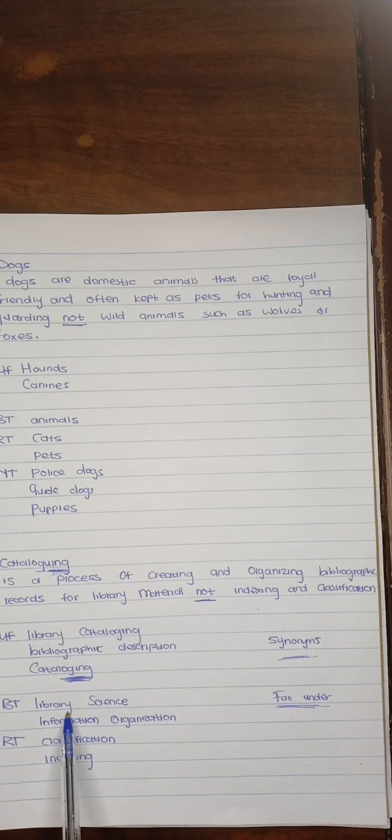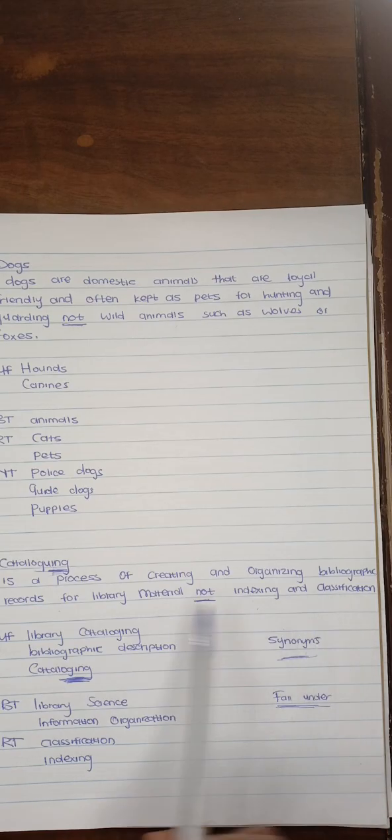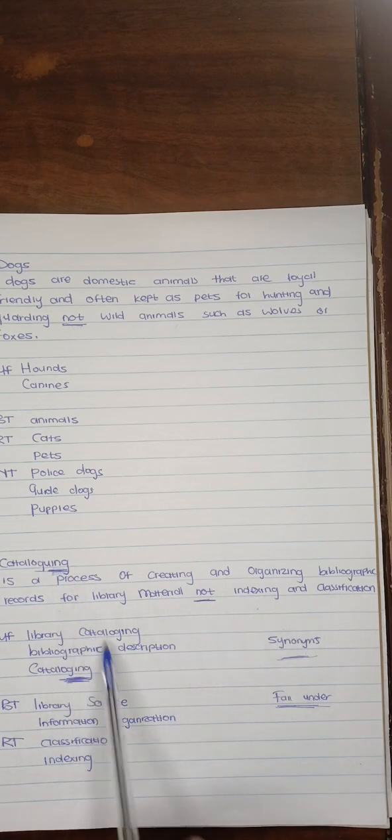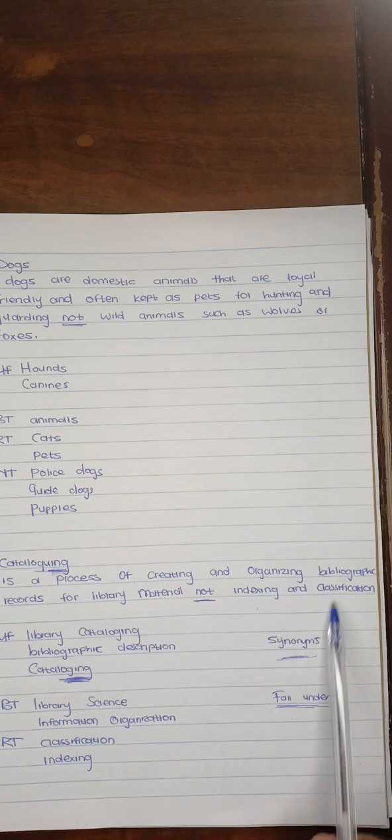So I found library science and information organization, because cataloging falls under library science and also information organization. If you are doing classification as a main heading or indexing as a main heading, you can make library science and information organization a broader term, because all of them fall under information organization.